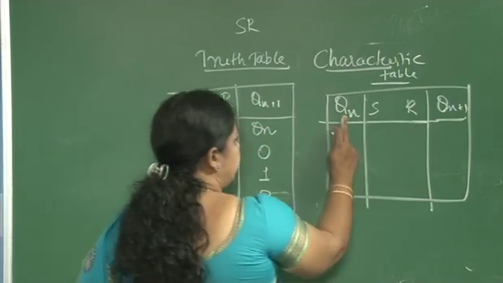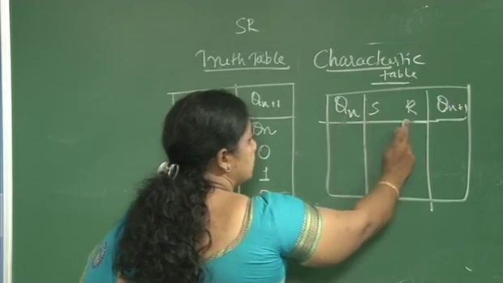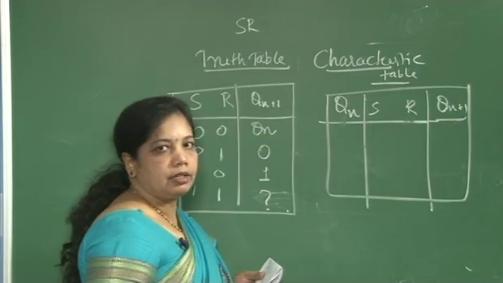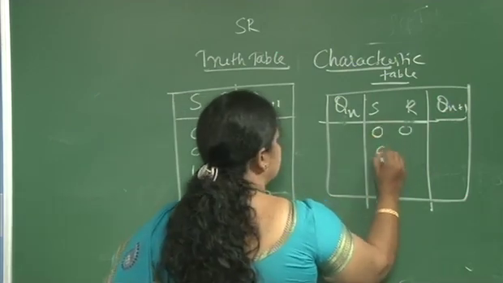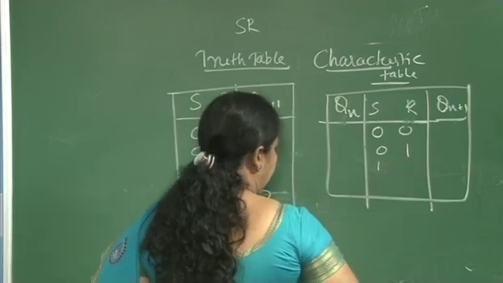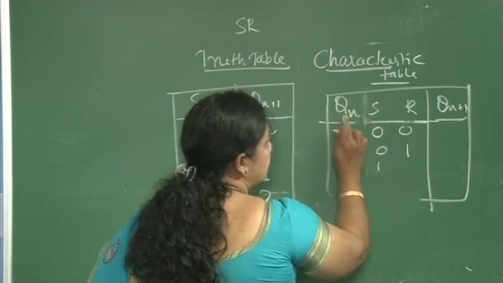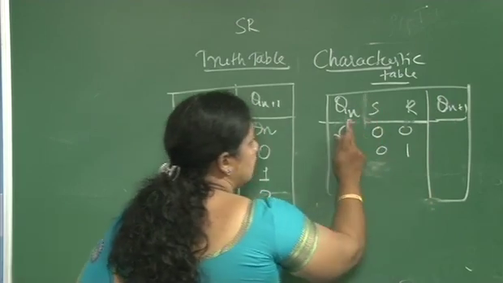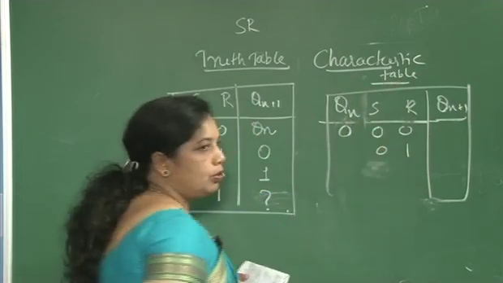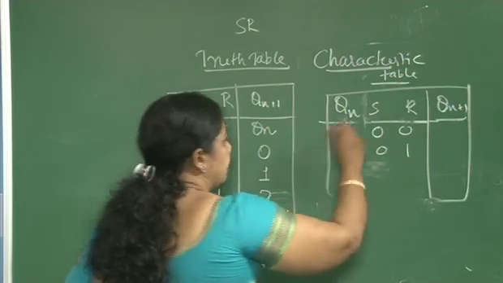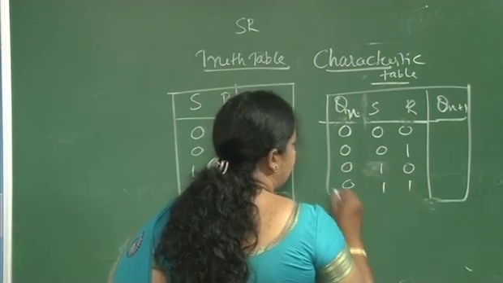So I consider the present output and the inputs, then the next state output. Since we have 3 inputs, I have to consider Qn also as an input. The characteristic table is with respect to 3 inputs, S, R and the present output, so we will be writing all 8 combinations here.